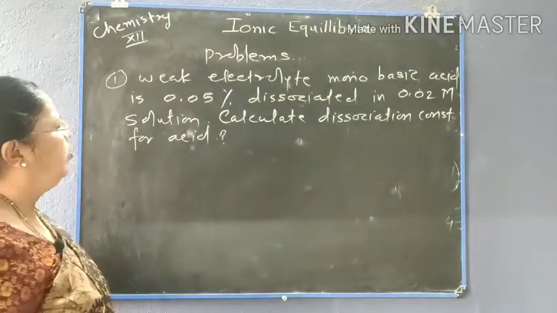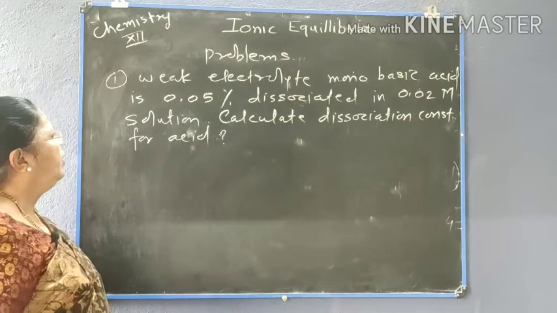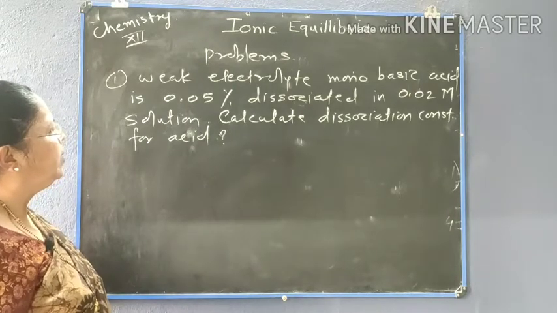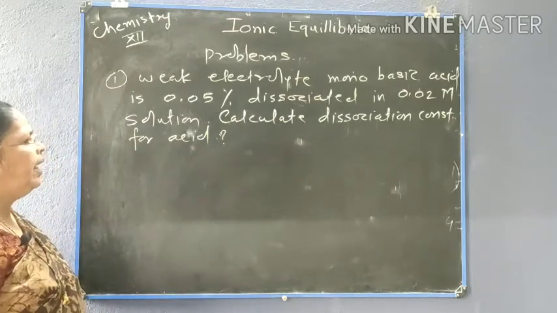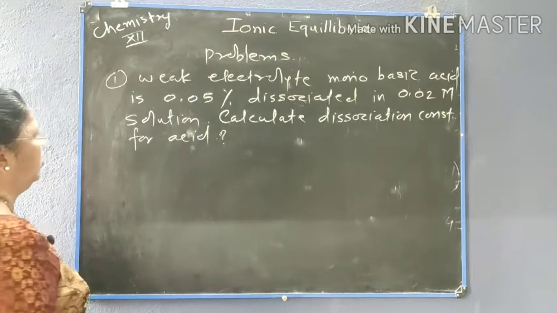A weak electrolyte, monobasic acid, is 0.05% dissociated in 0.02 molar solution. Calculate the dissociation constant.